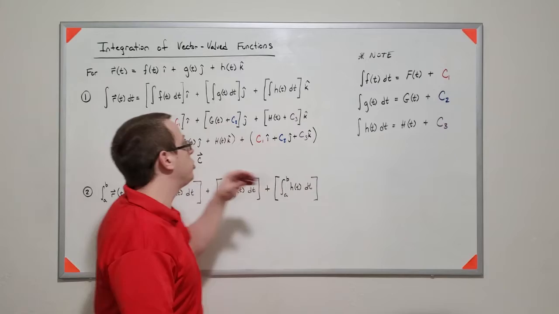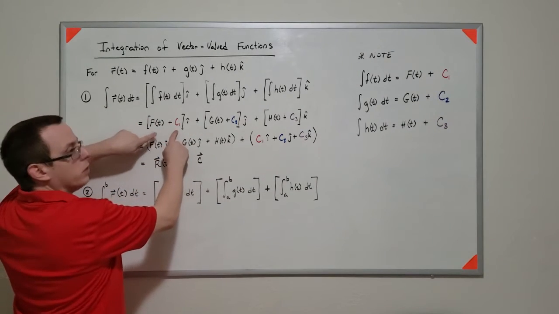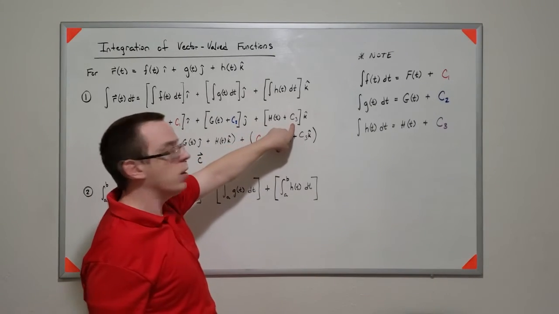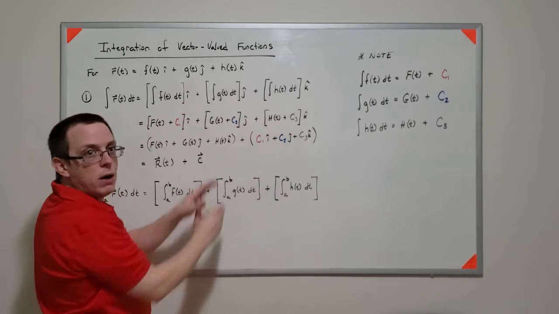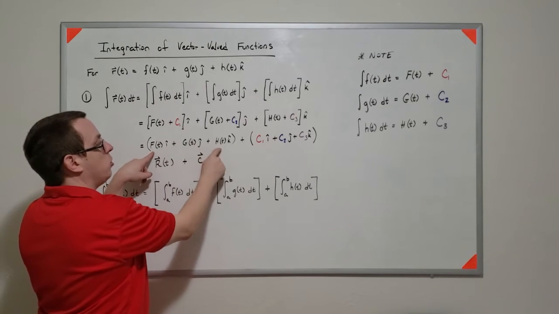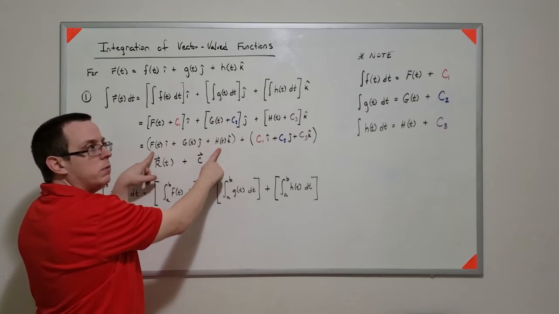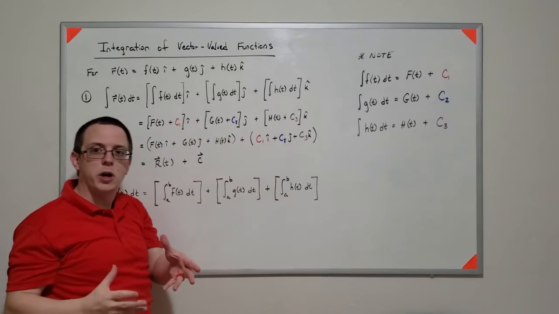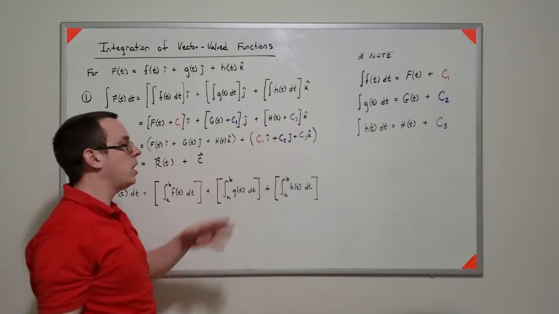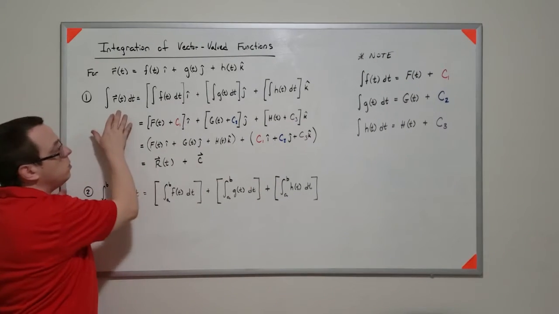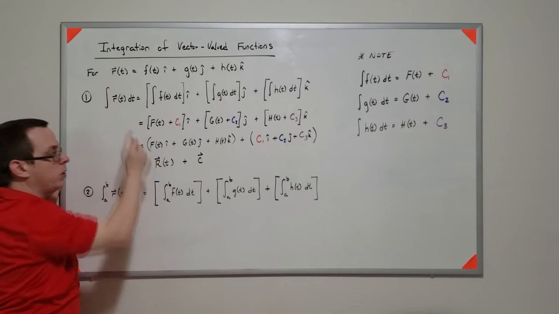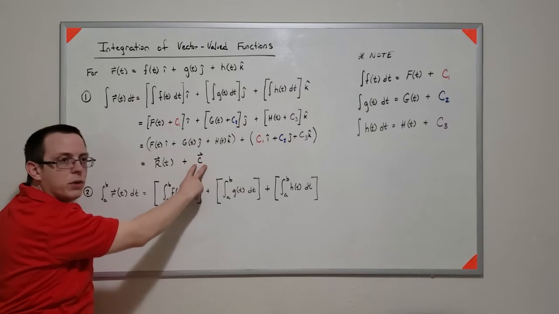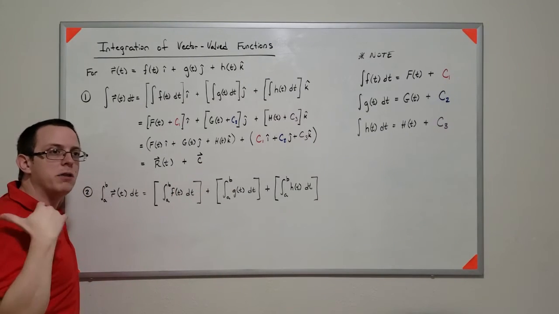So if we carry those constants through here, and we have a constant for the i component, a constant for the j component, and a constant for the k component, and then we do some algebraic rearranging, we get the antiderivative parent functions here, and we get these arbitrary constants, and we put those in like terms, we can separate them into saying that the vector valued function has a vector valued antiderivative parent function, and the only difference is some sort of arbitrary constant vector.